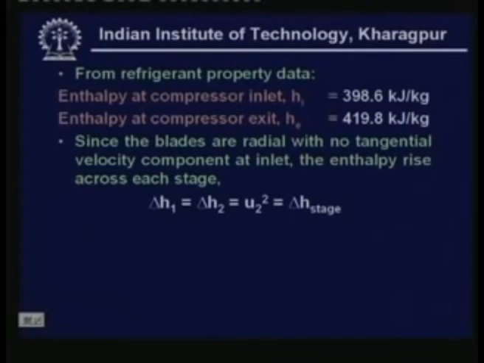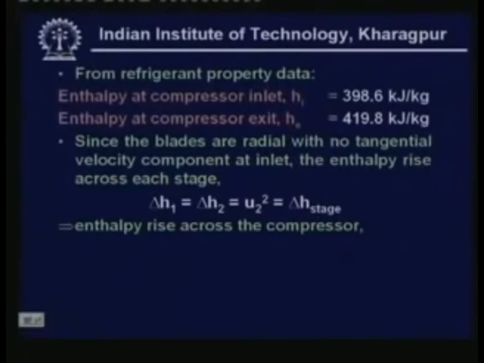That means the tip speed for both the stages is the same. Once the tip speed is the same, we have seen from our equations that the work of compression for each stage should remain the same. That means delta H1, the enthalpy rise across impeller 1, should be the same as the enthalpy rise across impeller 2, because both of them are equal to U2 square, where U2 is the tip speed.